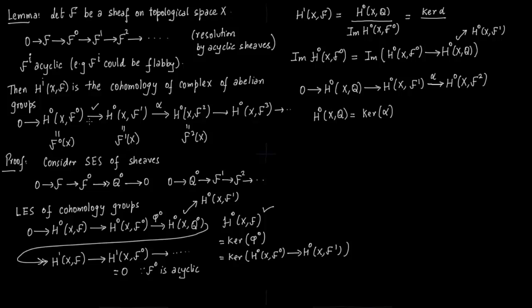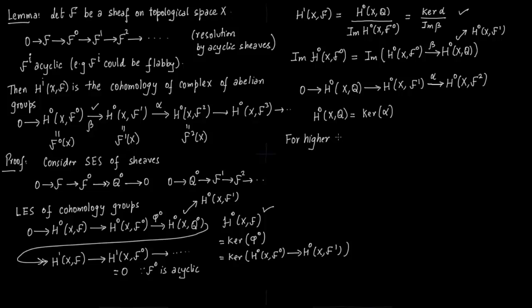This is the map beta, H0(X, F0) to H0(X, F1), and that is the same map here, beta, because H0(X, Q) just completely embeds into H0(X, F1). Or you can just take beta as a composition of these two maps. So H1(X, F) is again computed from the acyclic resolution of sheaves, kernel of alpha over image of beta. That is the cohomology group of the acyclic resolution. H0 was also a cohomology group of the acyclic resolution, and H1 is also.